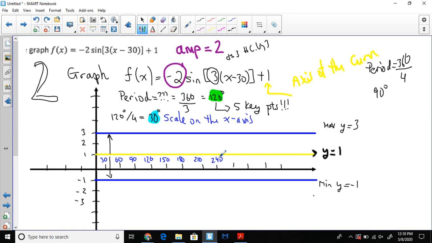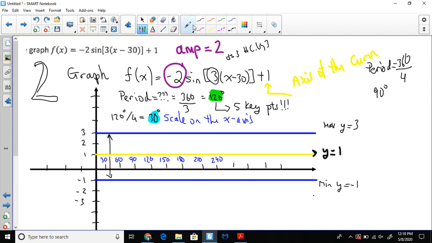So check it out. Now I'm going to graph, but my key points aren't 0, 90, 180, 270, 360.